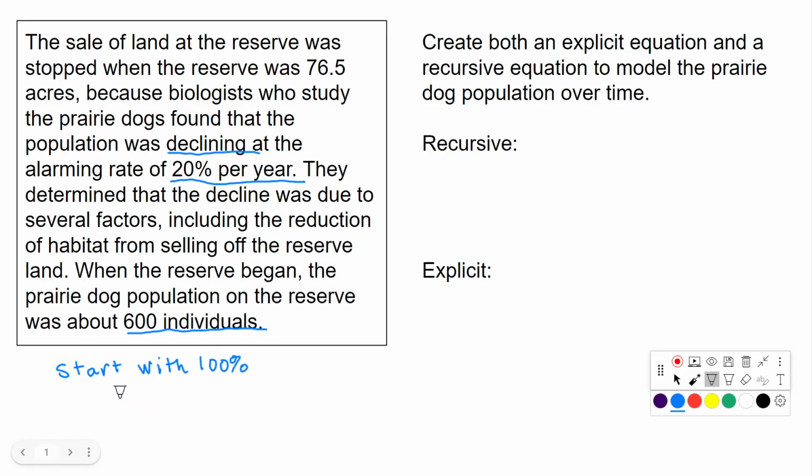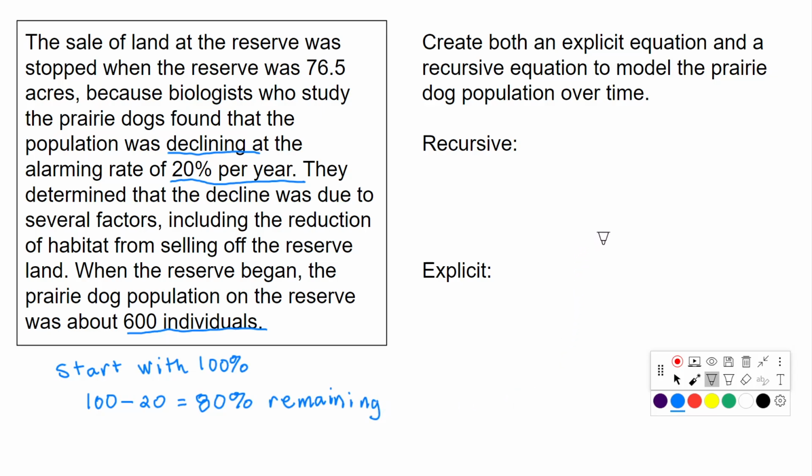But then if we have a decline of 20%, that means we need to take the 100, subtract the 20, and we are left with 80%. And it's that 80% that we want to use in our equations. We want to know how much is remaining.